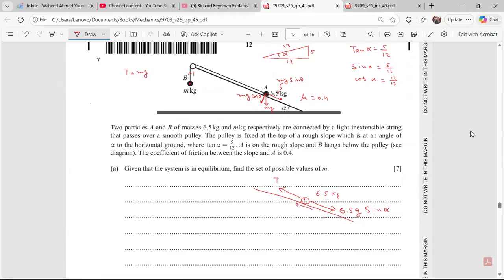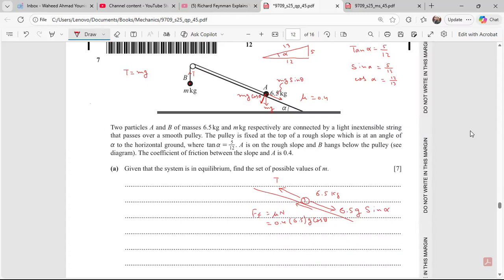Remember, the force of friction is given by mu N. In this case, it is 0.4, the value of mu, and N, the normal force, is 6.5 g cosine of theta. So this is the resistive force.